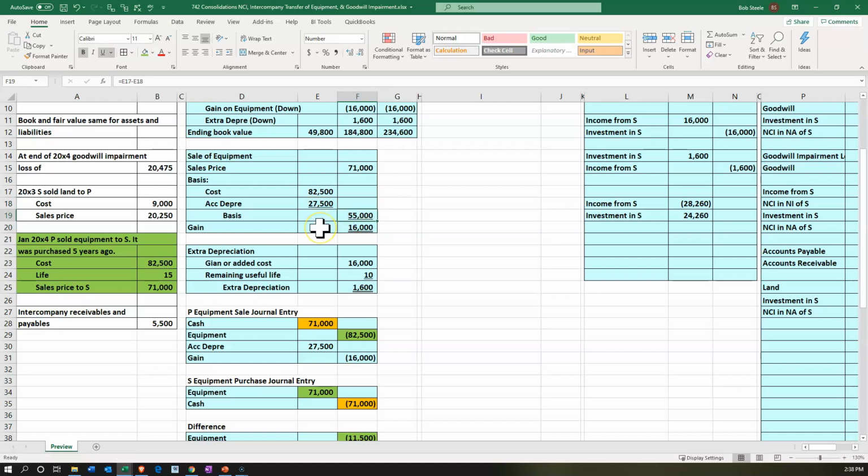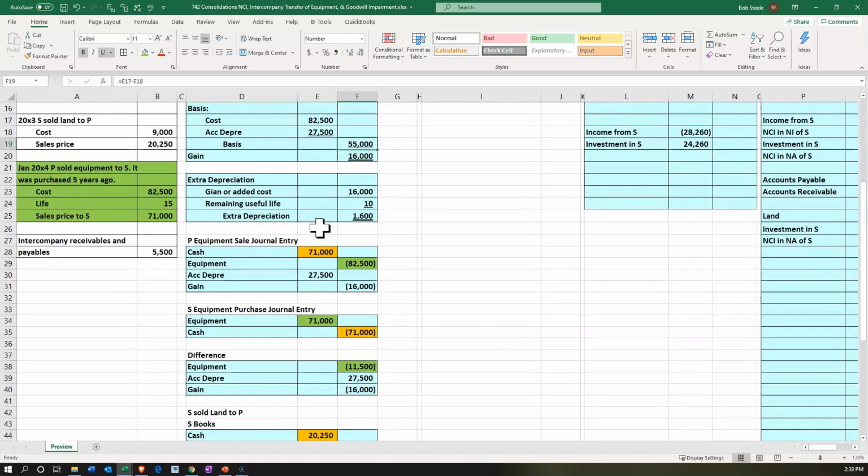If we think about that in terms of journal entries, P sold to S. That means P got a debit of 71,000. They got a credit of the equipment that they're taking off the books, 82.5, the full cost of the equipment to them. They had accumulated depreciation on the books of 27.5, the difference being the book value, 55,000, resulting in a gain of 16,000.